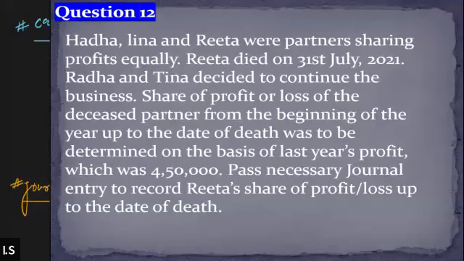Tell me the journal entry. P&L suspense account debit 50,000 to Rita's capital account 50,000. Very good. All right. I think you have no issue solving any question. Okay, that's great. Very good. All right. Moving on to the next question.